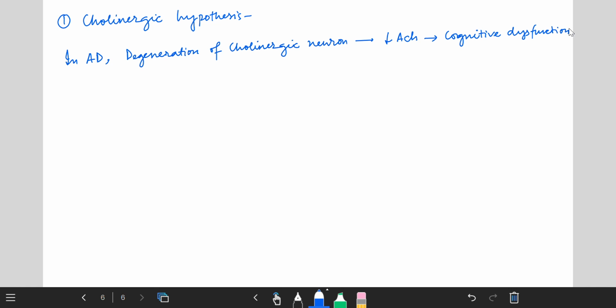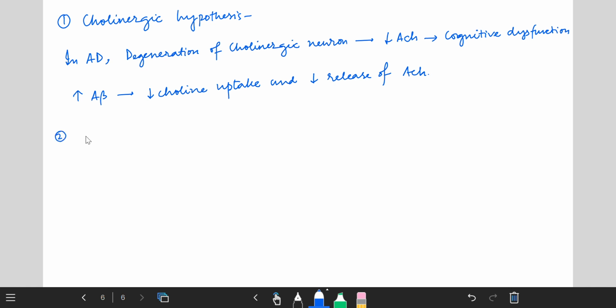Studies also found that deposition of amyloid protein causes reduction in choline uptake and also in the release of acetylcholine. So if there is an increased concentration of amyloid protein, it leads to a decrease in choline uptake, and it also decreases the release of acetylcholine. This is the first hypothesis.